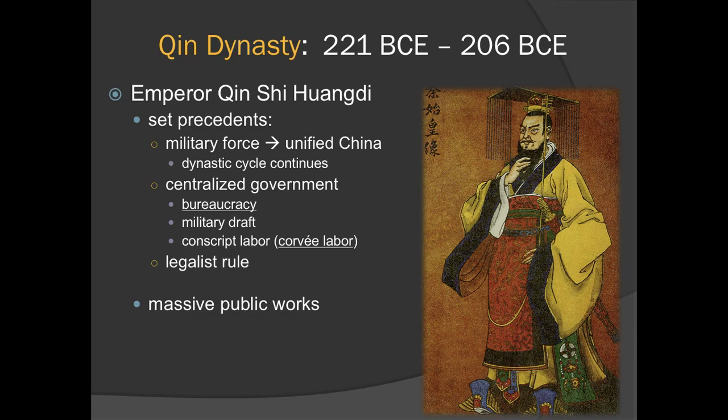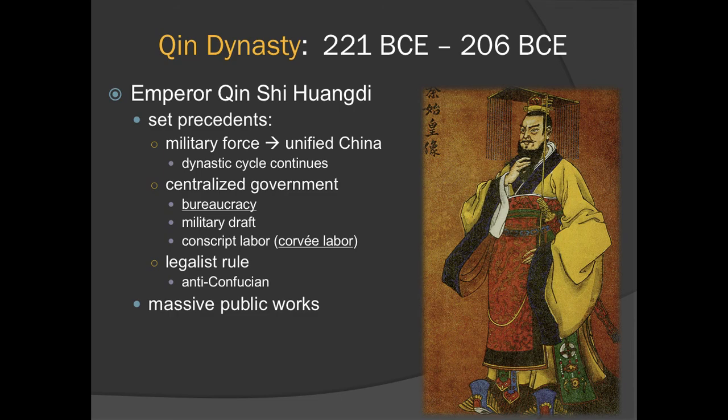Another means by which centralized government was strengthened under Qin Shi Huangdi was the application of legalist rule, this legalism philosophy. So he was notorious for his harsh punishments of anyone who stood in his way, who violated his laws. And so that set examples for the rest of the Chinese population, and also was likely a reason for his downfall. And because of that, he was anti-Confucian.